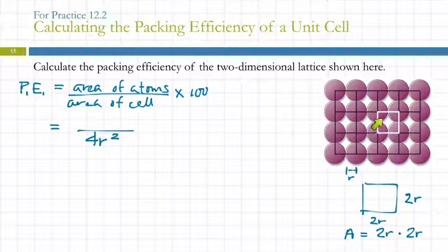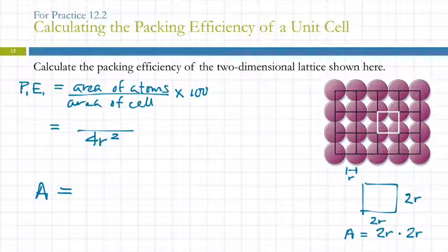What's the area occupied by the purple circles? Well, this is 1/4 of a circle, right? And that's 1/4 of a circle. We have 4 quarters, so that equals 1 circle, right? So what's the area of one of those circles?